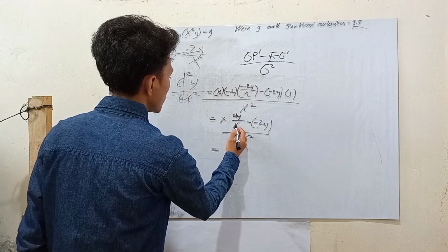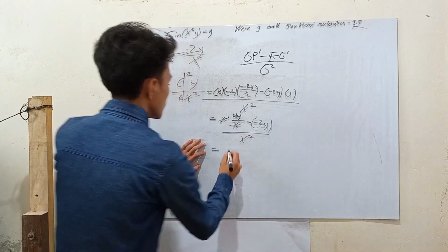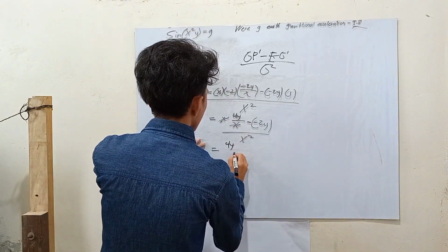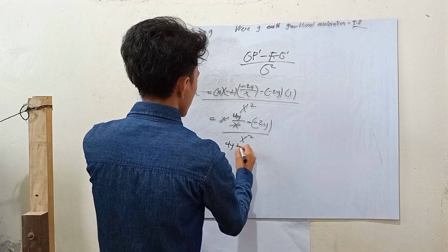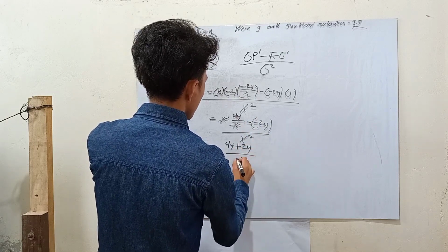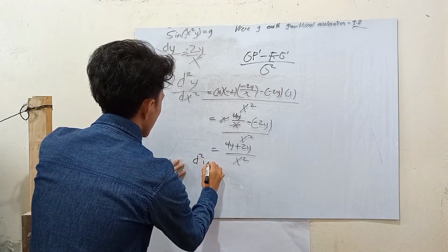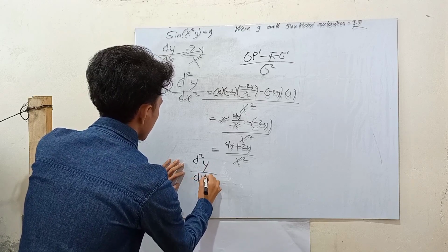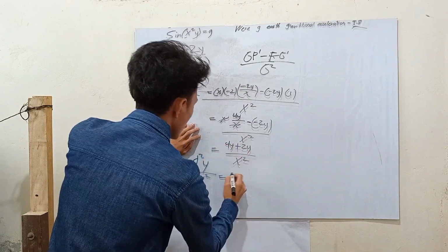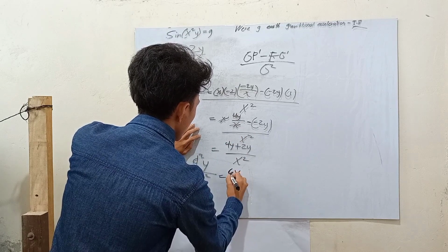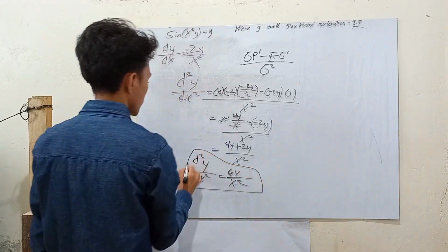We can simply cancel this because they are the same term, and thus the remaining is 4y minus negative times negative is positive, copy 2y over x squared, and then our d squared y over dx squared is 4y plus 2y, which is 6y over x squared, and this is our second derivative.